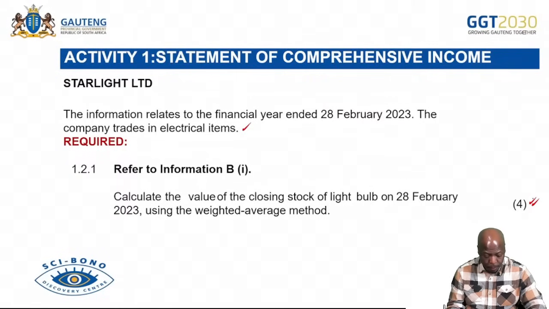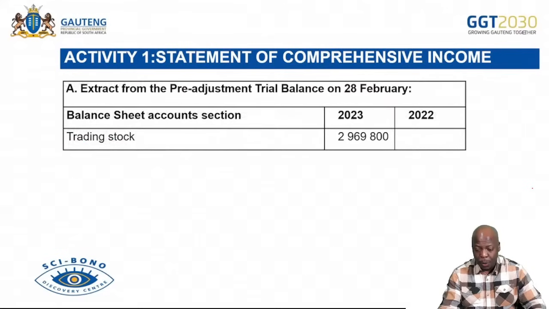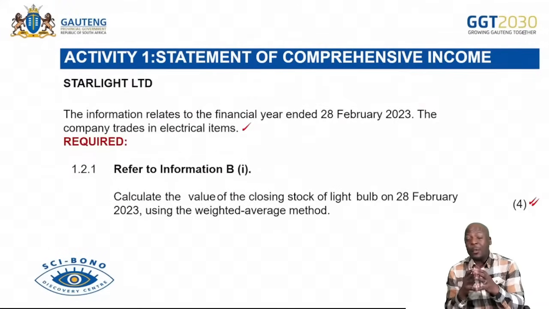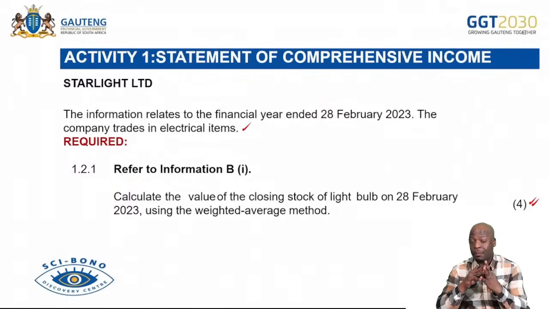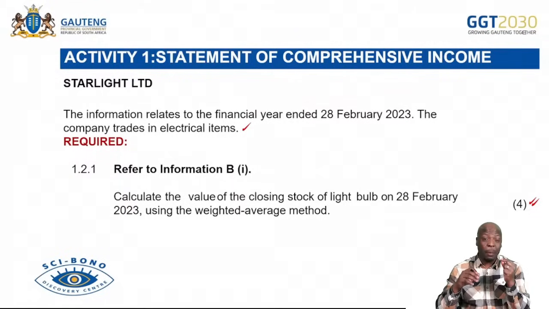What we want to do is you have to understand that in paper 2 we have inventory valuation methods: your FIFO, your weighted average, and your specific identification. But these methods can also be tested in paper 1, depending on what the examiner wants to test us. In this paper, there was an inventory valuation question which came into paper 1.